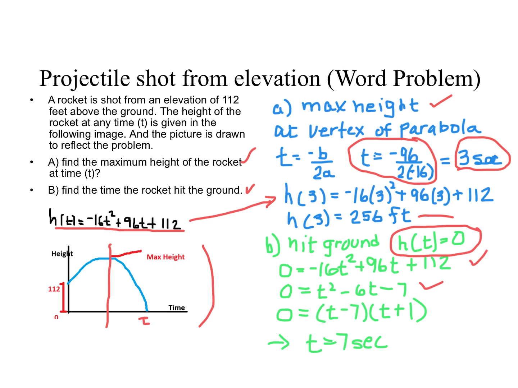And I can factor that into t minus 7 times t plus 1. So I notice that when I set each of the factors equal to 0, I see the only one that works is when I set t minus 7 equal to 0, and I see t is a positive number because t can't be negative. So t is 7 seconds, and that's my answer.